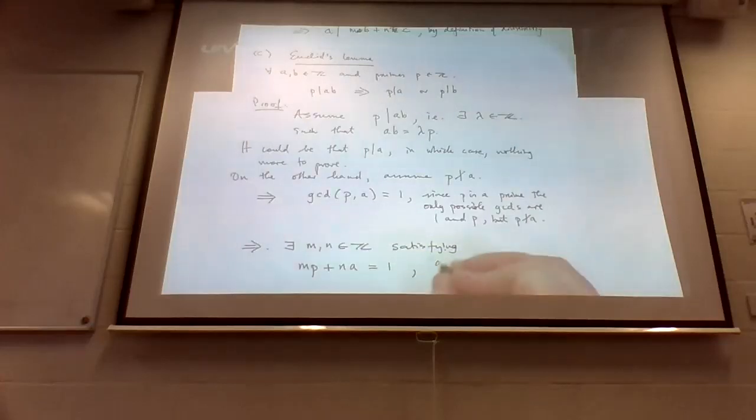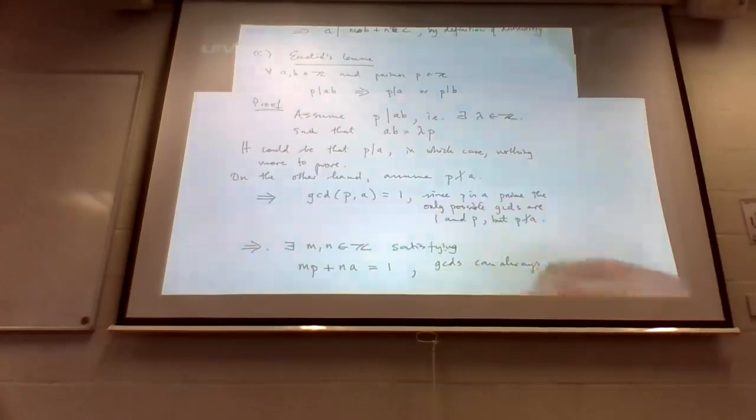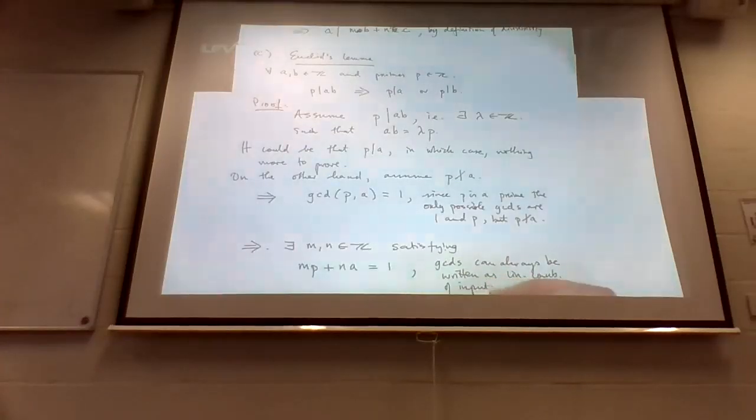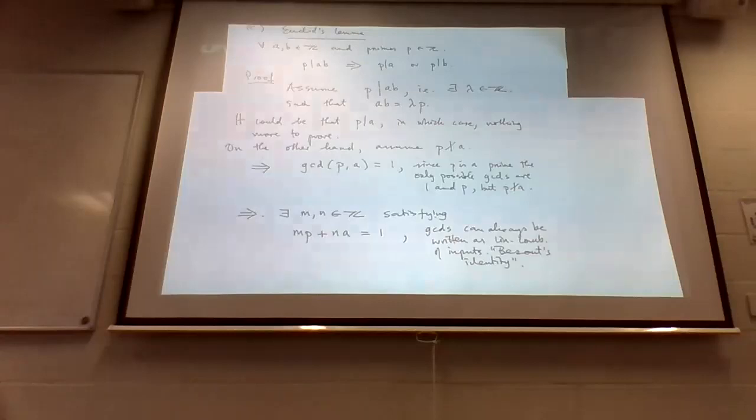GCDs can always be written as a linear combination of the inputs. This is Bézout's identity. So we're justifying the steps in our argument with reference to results from the course.